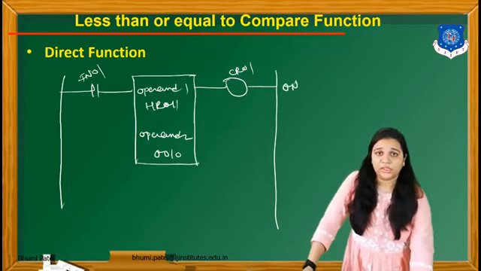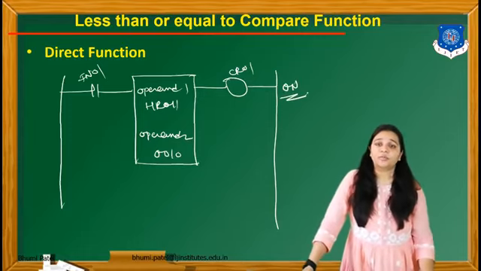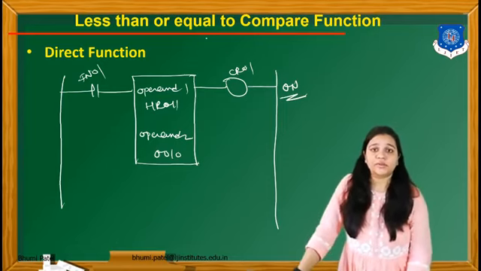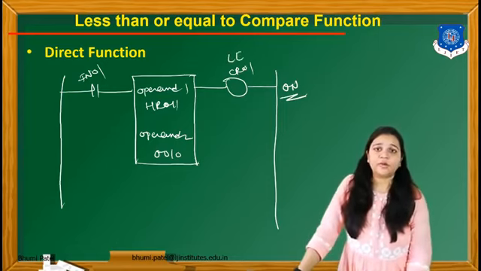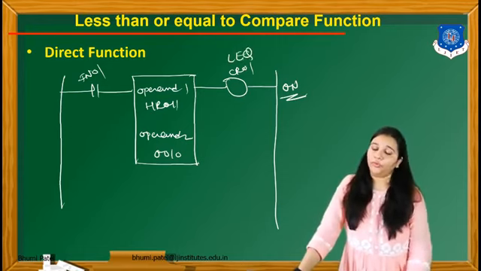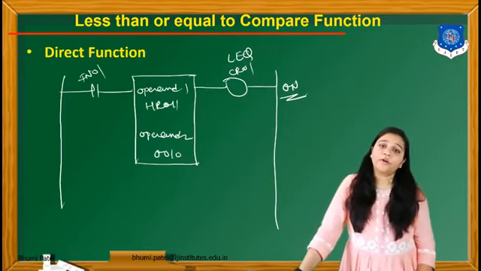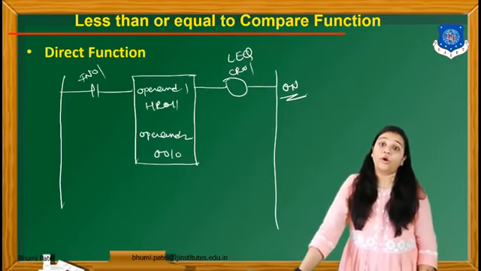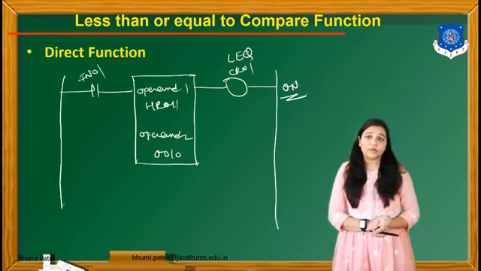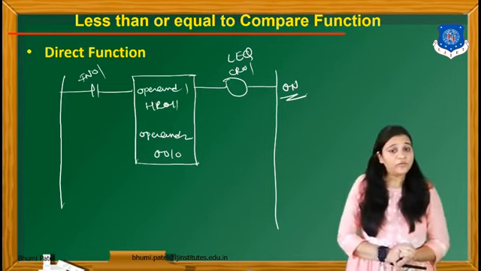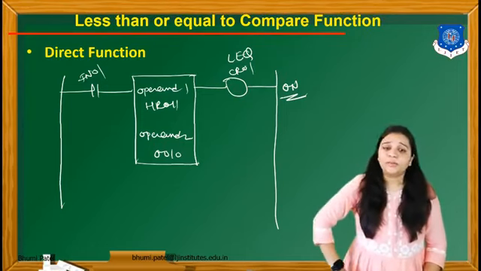Now the main thing is what is the direct function of the less than or equal to. The direct function of less than or equal to is LEQ. Using this function we can find whether a number is less than or equal to another number or not. But as usual, the disadvantage of the PLC software is that the LEQ function is not given in the PLC programming.